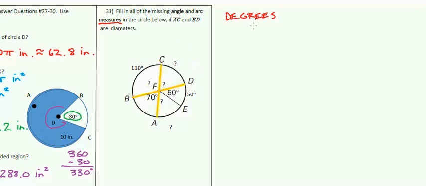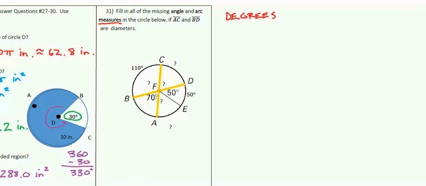So now let's take a look at our questions and see what we have. We've got angle BFA is 70 degrees, angle DFE is 50 degrees, and they're asking you, let's look at this one first, angle AFE. Well, we know if BD is a diameter, then this whole portion right here, this circle, is a semicircle. And that means the total degrees of a semicircle are 180 degrees.